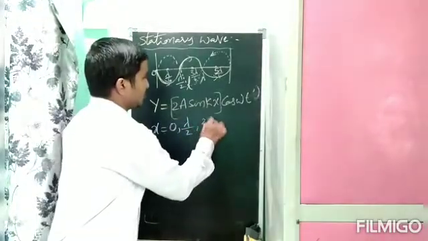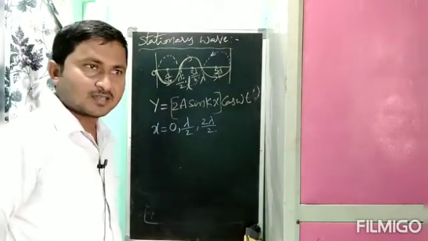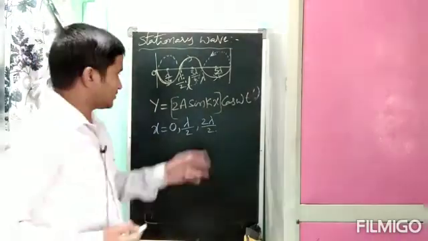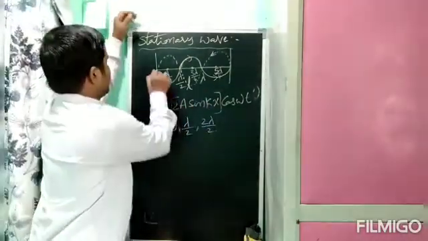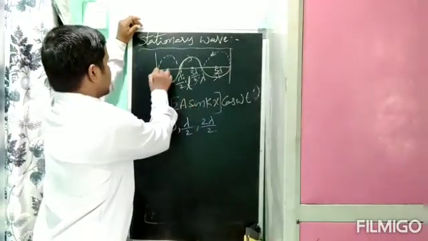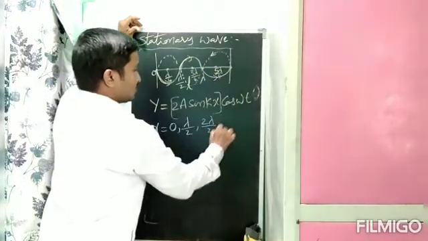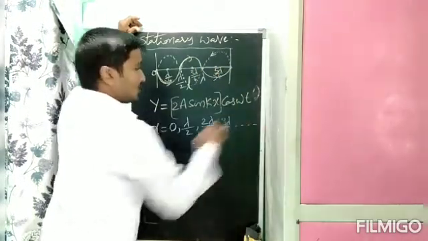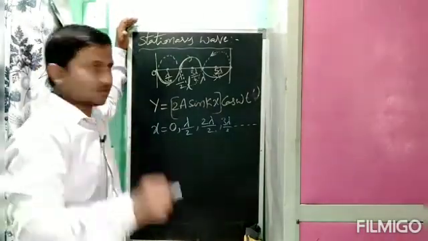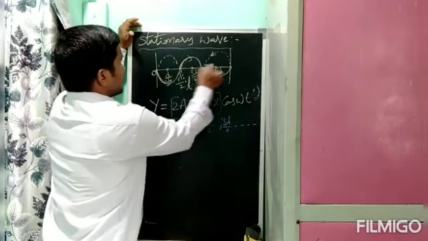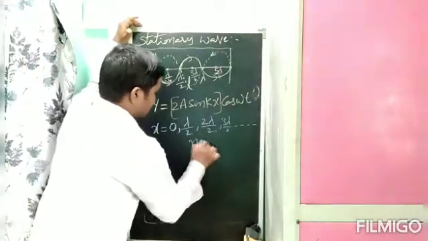Similarly, at 2 lambda by 2, which means 360 degrees, sin 360 is 0, so again the resultant amplitude becomes 0. That means at x equal to 0, lambda by 2, 2 lambda by 2, 3 lambda by 2, and so on, the resultant amplitude becomes 0. These points on the stationary wave where the resultant amplitude becomes 0 are called nodes.